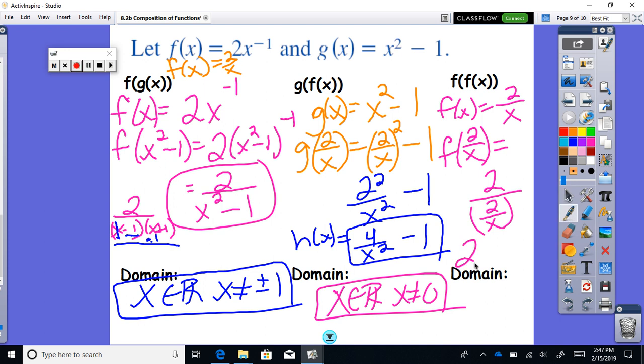So instead of dividing by a fraction, take 2 times the reciprocal. Then remember, that's the same thing as 2 over 1. So you're going to get 2x over 2. Well, 2 divided by 2 is 1. This whole thing just equals x. For x, there are no even roots, there's no denominator, so it's all real numbers for the domain if the function equals x.